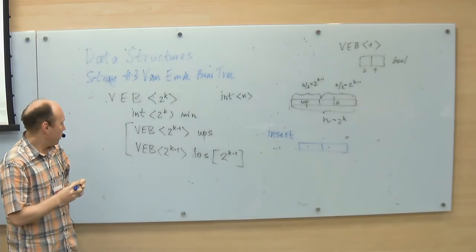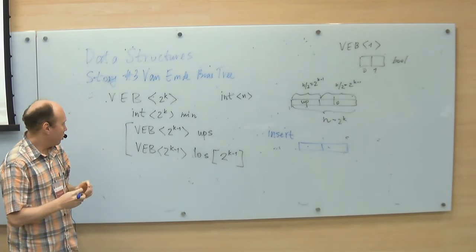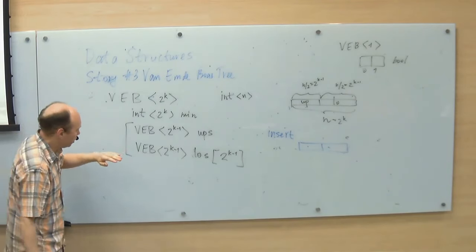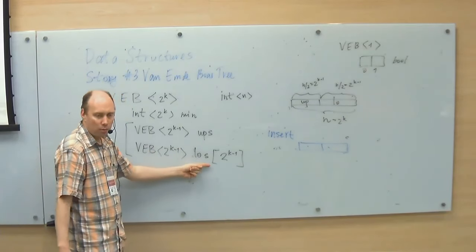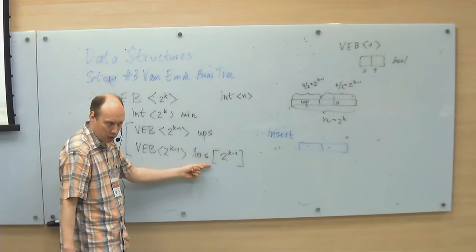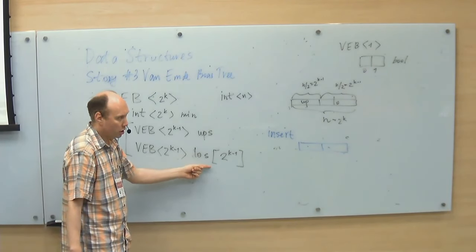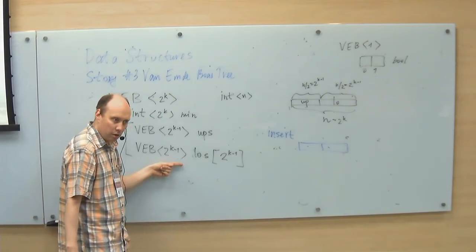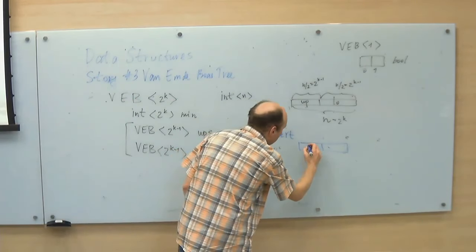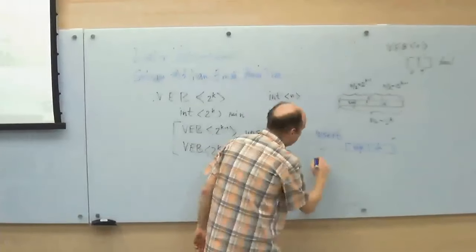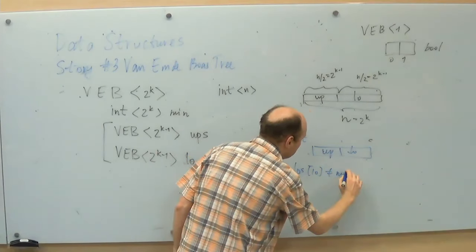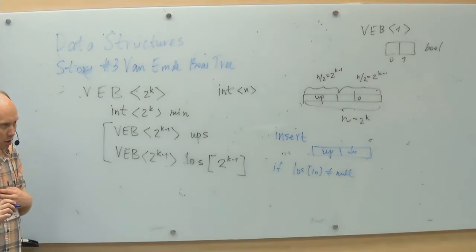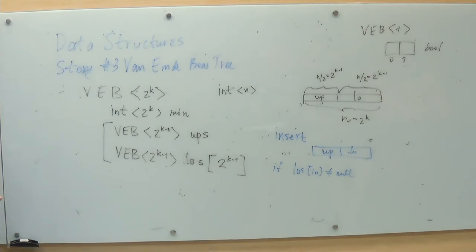No, not like this. So first thing is we want to see if we have at least one number with such upper part. To do this, we take a look at our lower parts, if this tree exists or not. If this tree exists, so we have this tree in this area. So let's see, it's up and low. So if lows of up is not null, so if there exists a tree, then we already have the upper part, so we don't need to insert into the ups.